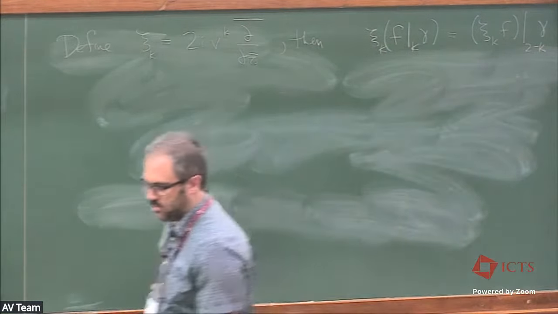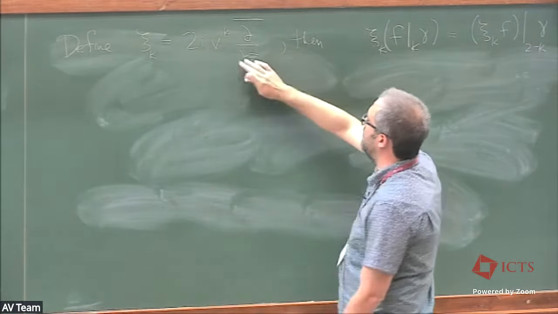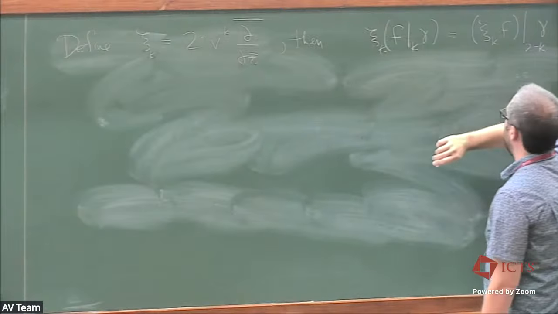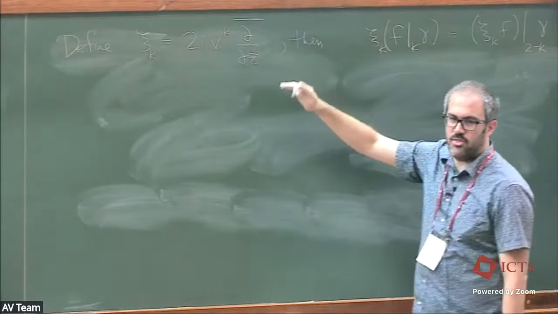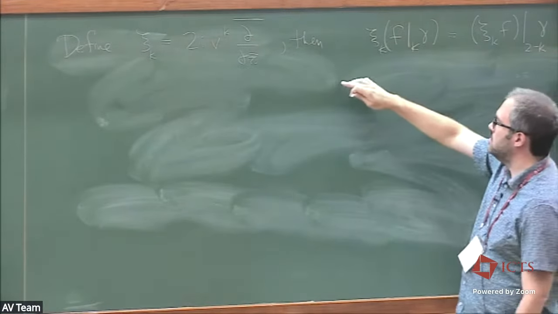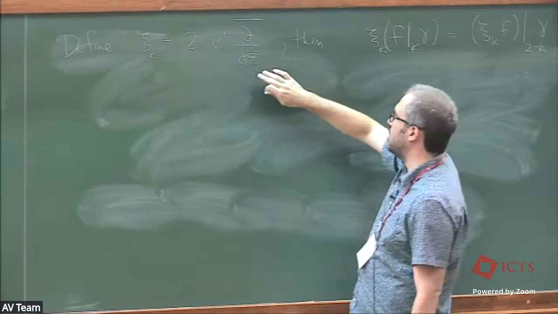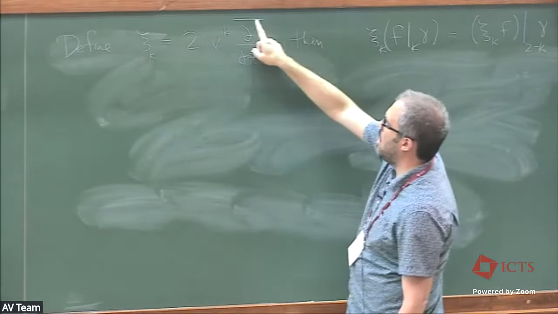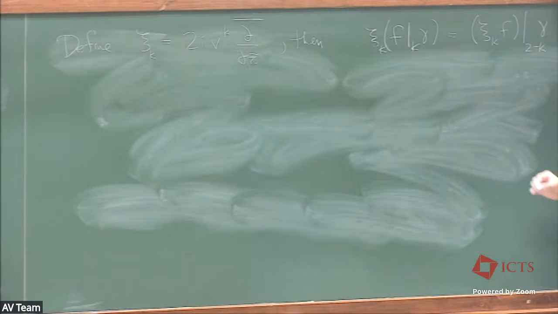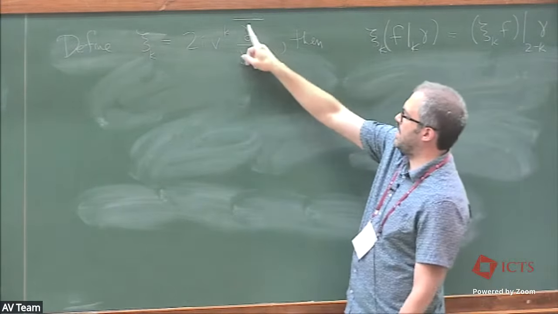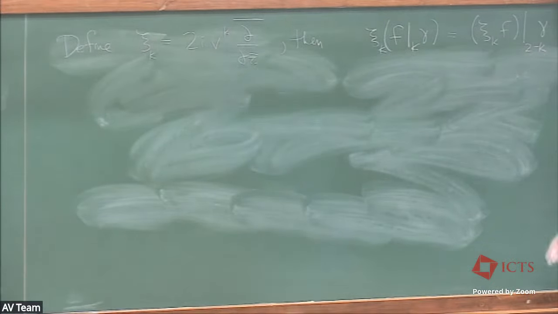Maybe sort of at the end, really what's happening here is that this d tau bar is going to actually lower the weight by 2. That's not obvious, but you can check that. And then the conjugation actually makes the weight negated. So this will take us to weight k minus 2, and then you conjugate and get to weight 2 minus k.